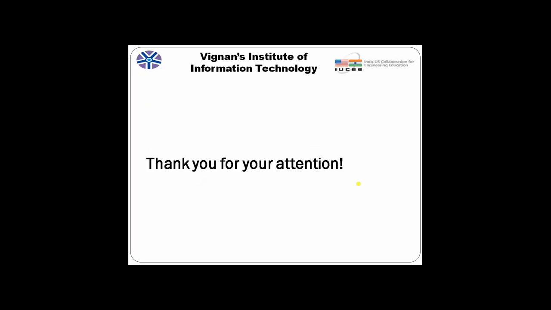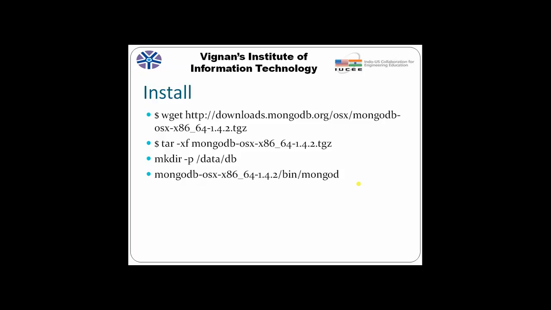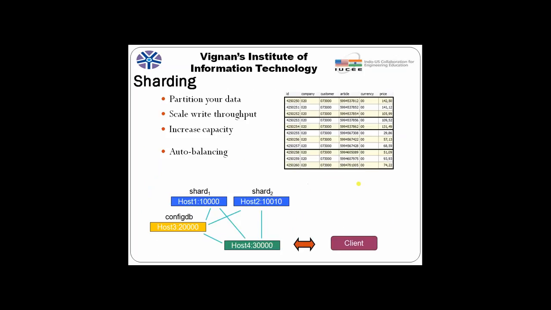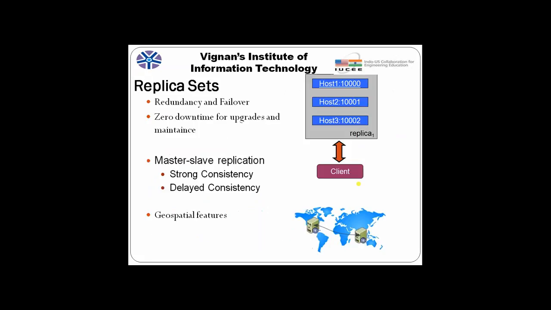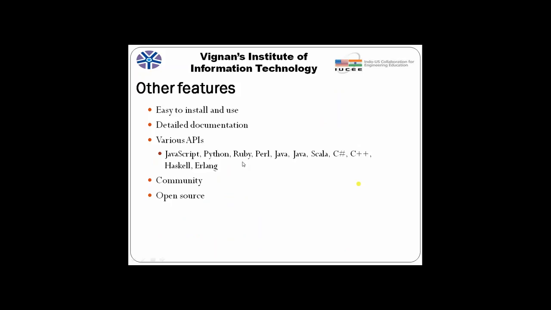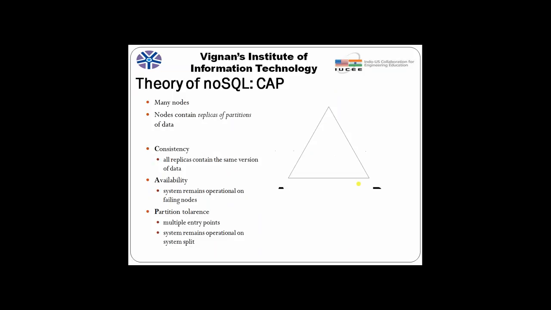This is all about MongoDB, and the most important thing is it can be implemented at any level, and any programming environment can access it, because in the previous slide I showed that almost all the APIs support MongoDB: Ruby, Perl, Java, Scala, all the latest and high-level languages.